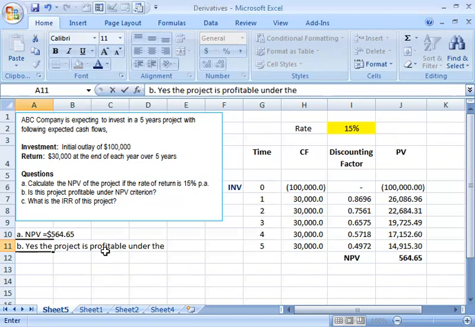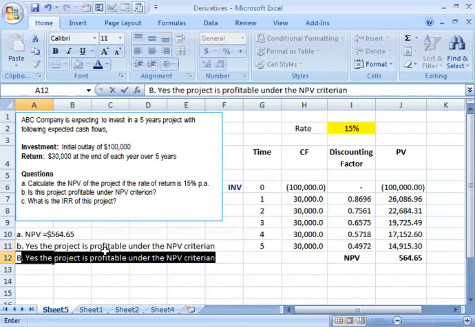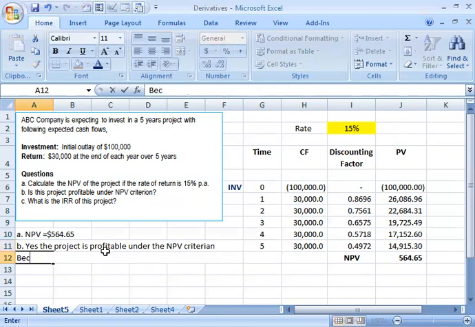Under the NPV, because, or since, whatever you can use, because the NPV is greater than 0.